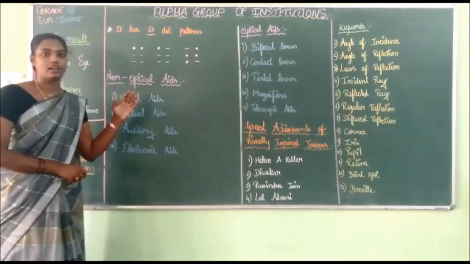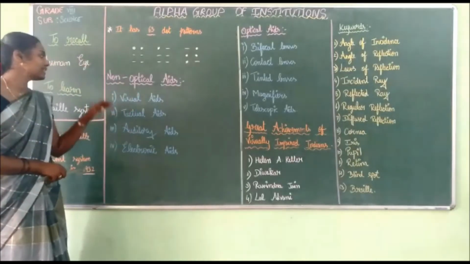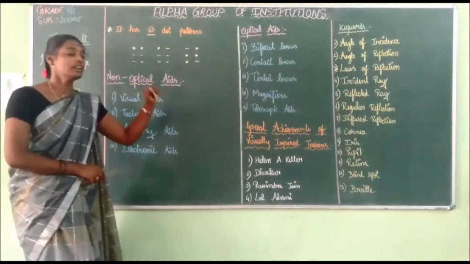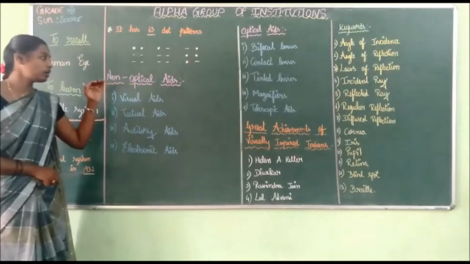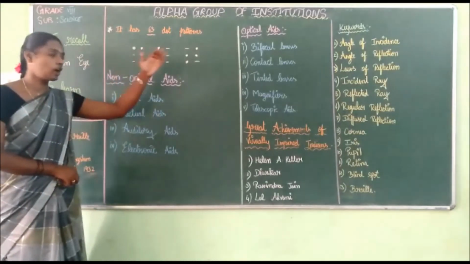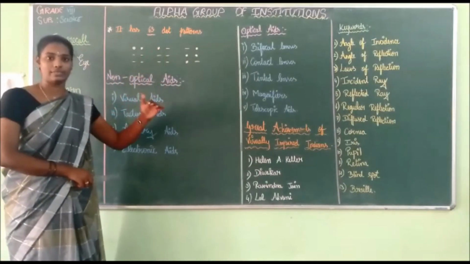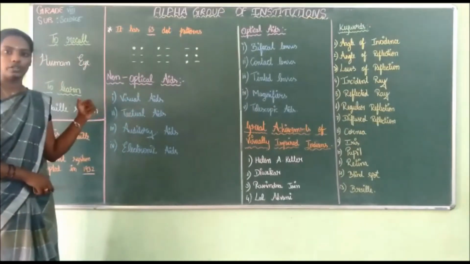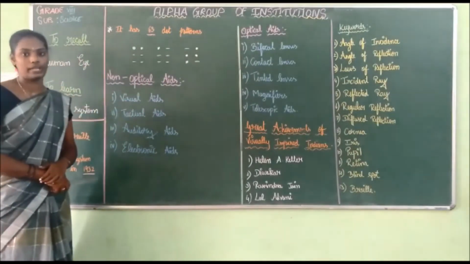These aids are classified into two types: non-optical aids and optical aids. Non-optical aids and optical aids are further classified into subdivisions. First we are going to see the non-optical aids.